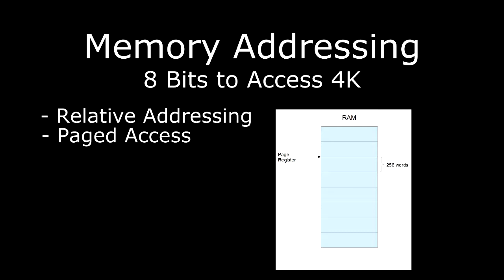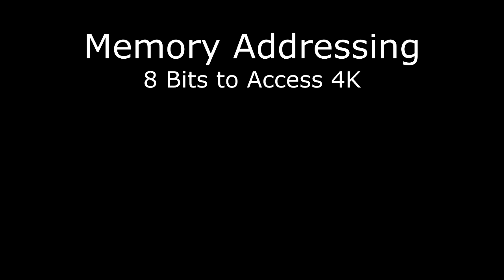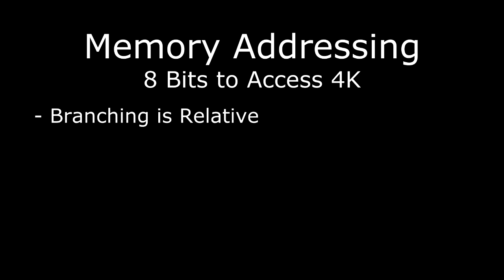Basically, that's a 4-bit register, and that will specify the high 4 bits of the address, and the lower 8 bits will be in the instruction itself. And another way would be to have indirect addressing or multi-word instructions where we have a full 12 bits to specify a memory address.